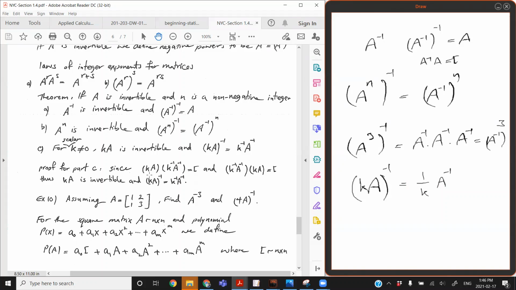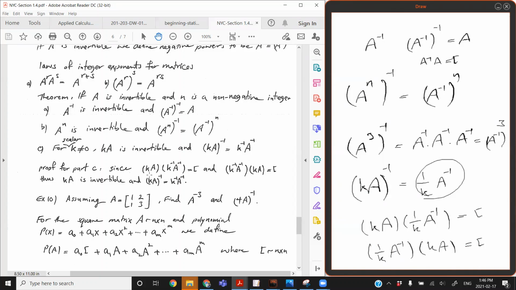Again, in order to prove this, I would just need to multiply this and this and show that it's identity. So if I am able to multiply this and this, and also in the other order, if I show this is I and this one is also I, this would be proof that the inverse of KA is this.